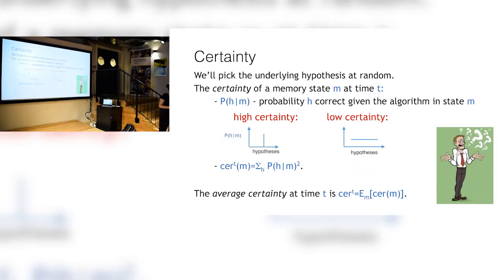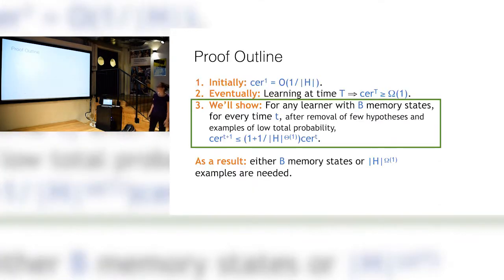One way is the L2 square, and this is what we've defined. Now we wanted to know how certain the algorithm is in its answer, so we'll just take the average certainty over all the memories.